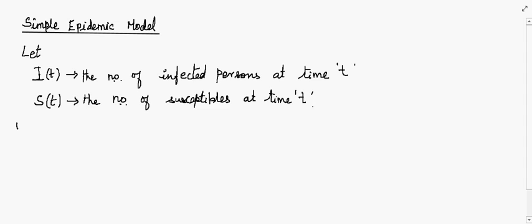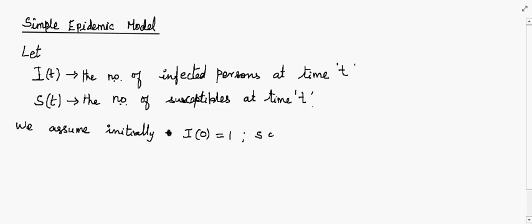We assume initially only one infected person, so I of 0 equal to 1, and all the other persons in that region are susceptibles.